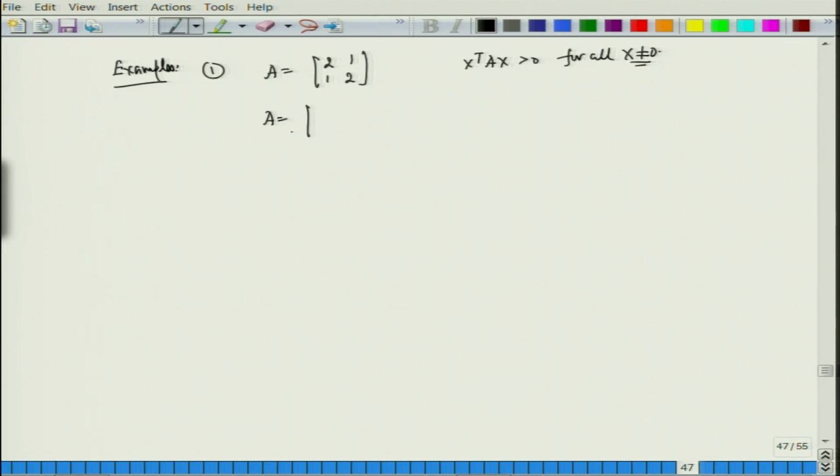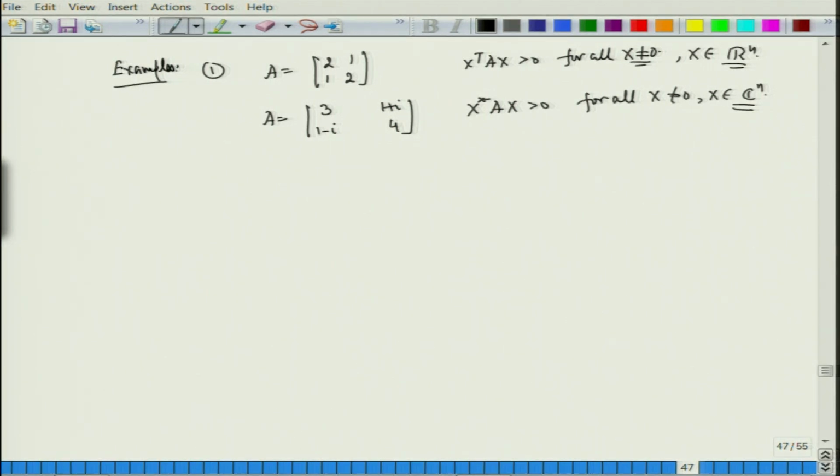I take a complex example 3, 1 plus i, 1 minus i and 4. So now look at x star Ax. This will be greater than 0 for all x not equal to 0 and x in Cn. Here I can take x in Cn, but I can take it in Rn also.